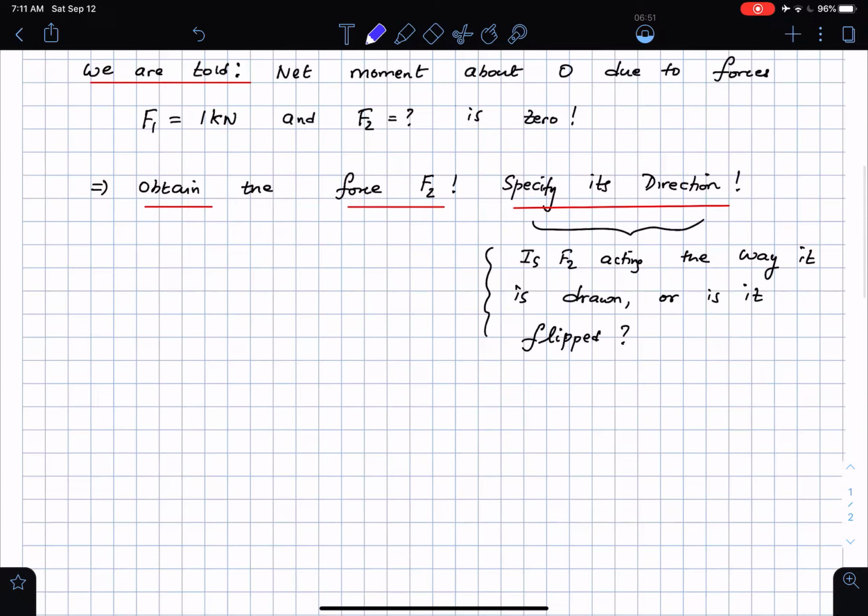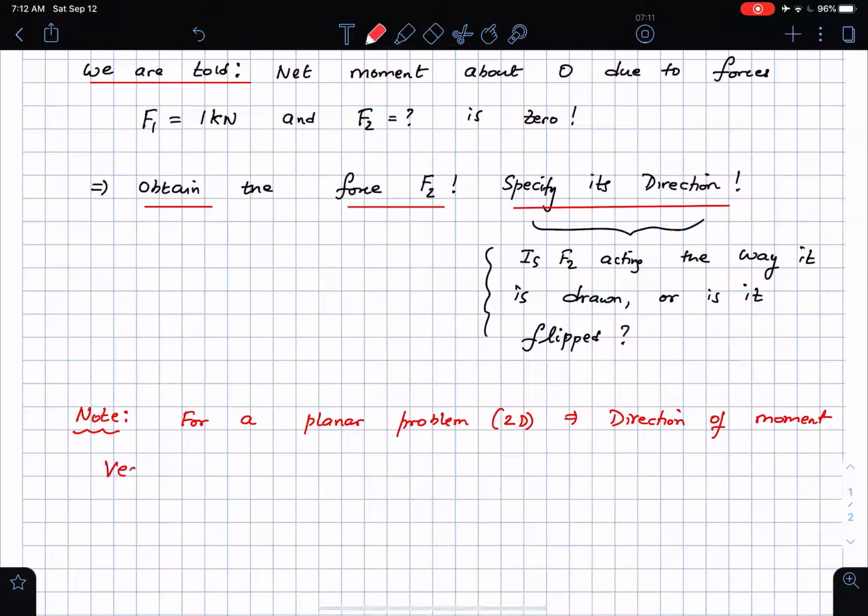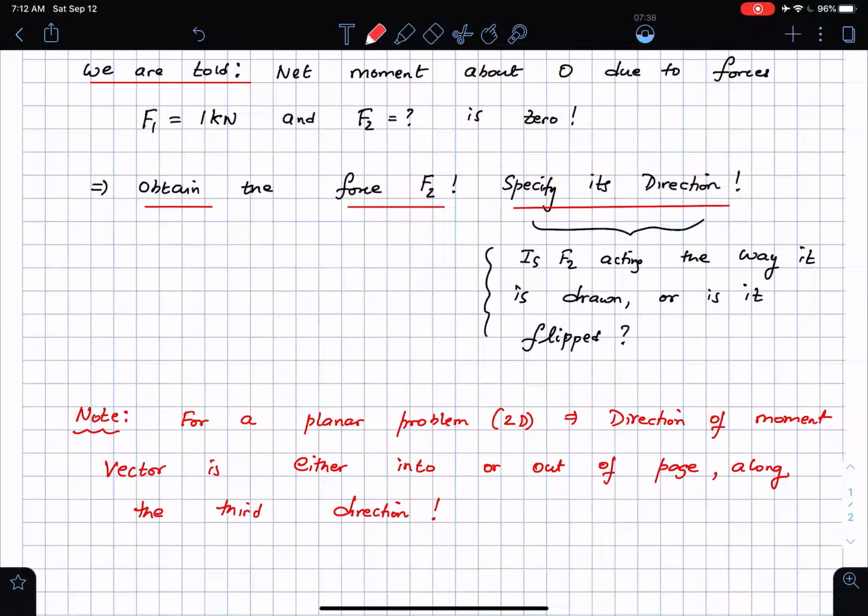So something that you want to note: for a planar problem or a two-dimensional problem, the direction of the moment vector is either into or out of the page, along the third direction. All right, so this is typically how it is.